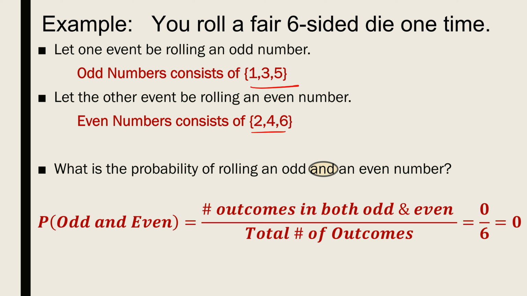There is nothing in common between this set and this set, or we say no common elements. So there are 0 outcomes in both odd numbers and even numbers. So that's why we can calculate this probability as 0 divided by 6.